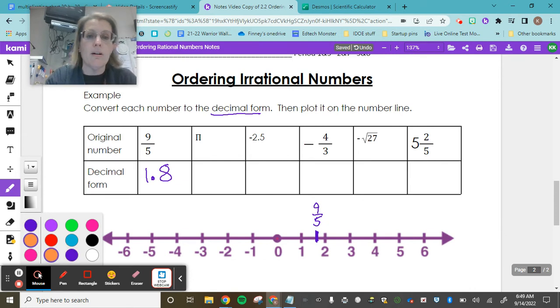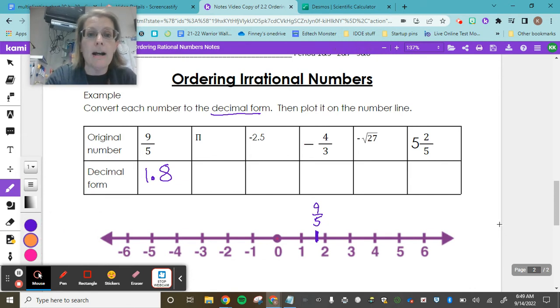And we already talked about our 1.1 notes, that pi, that symbol, we use 3.14 for. So 3.14 is a little bit past 3. So it's approximately right there, and you're going to want to label that with its original, not the decimal form. So label that with the pi symbol. You can just draw 2 lines and a little squiggly over it.